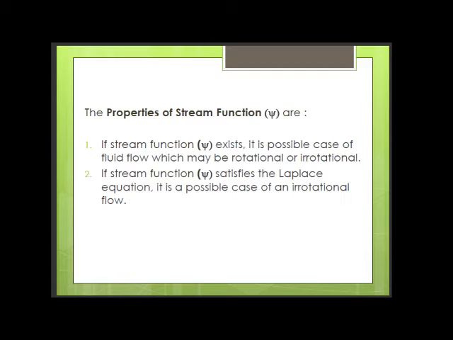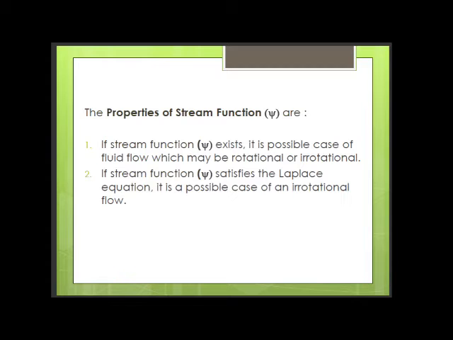And when the stream function satisfies the Laplace equation, then it shows the possible case of irrotational flow. So up to here we have seen what is meant by the stream function, and also the properties of that stream function.